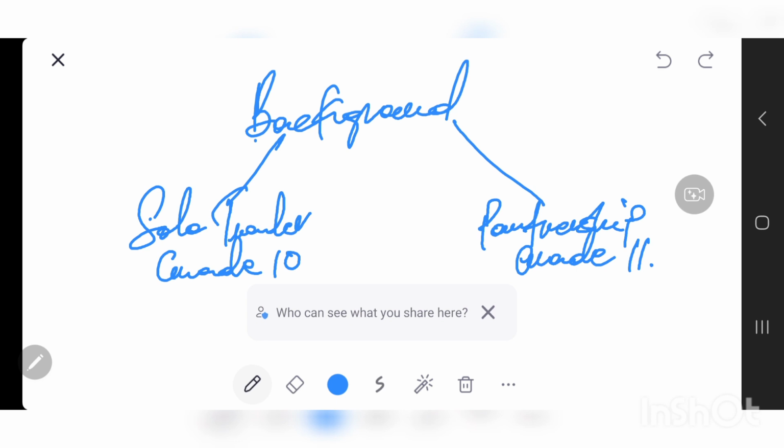So this means that at each and every level of your accounting journey, you are going to be expected to prepare financial statements of different types of business structures. In grade 10, you were focused on a sole trader, a business owned by one person, meaning that the person is the owner and also the management, which means he's also the one running the business.